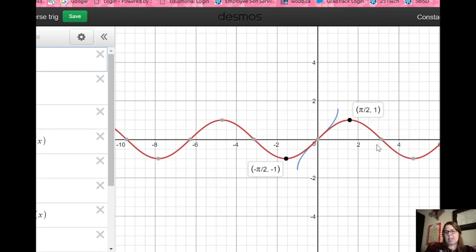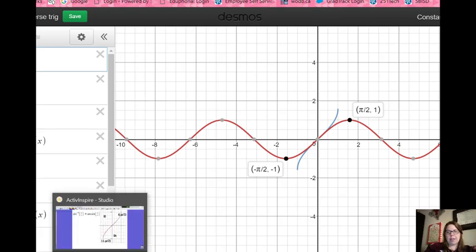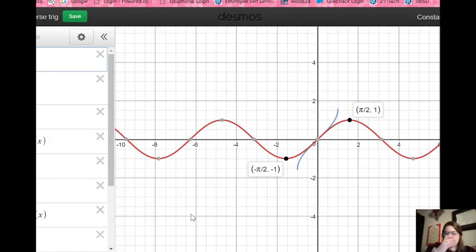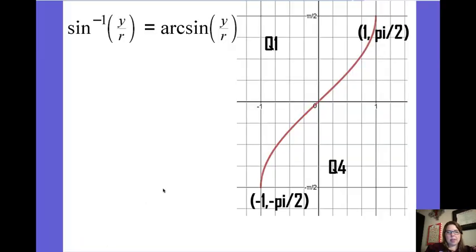So what was the x-axis is now the y-axis, and what was the y-axis is now the x-axis in the way that we're talking about things. And so I also put on here quadrant 1 and quadrant 4. So what we're looking at here is the angle measures, so negative angle measures, negative pi over 2 or negative 90, anything between 0 and negative 90 would be in quadrant 4.